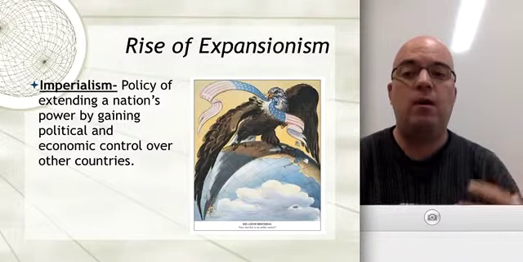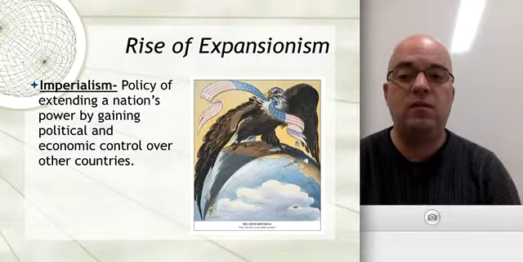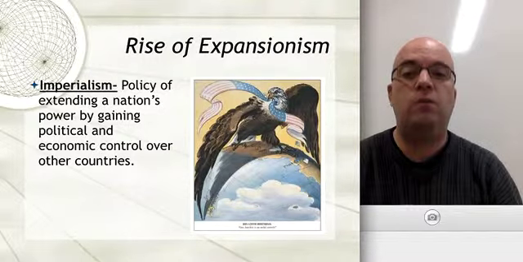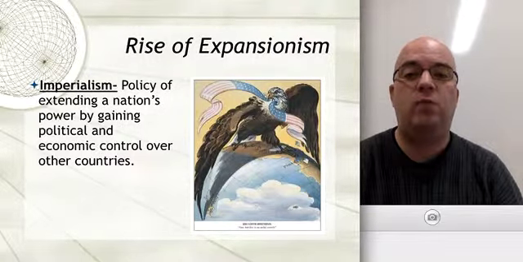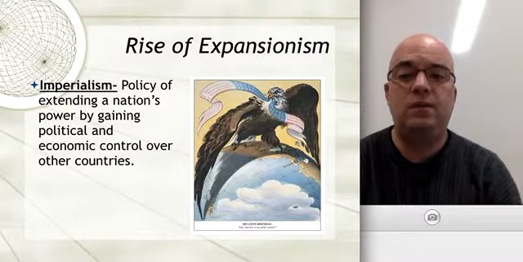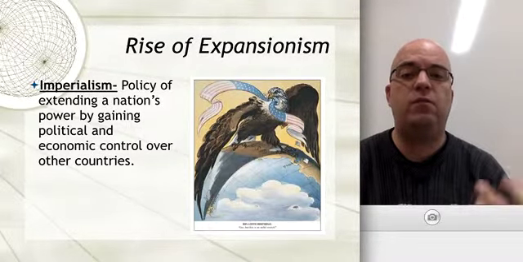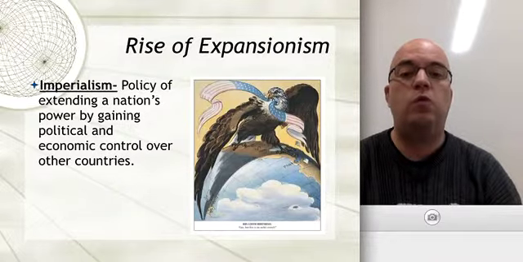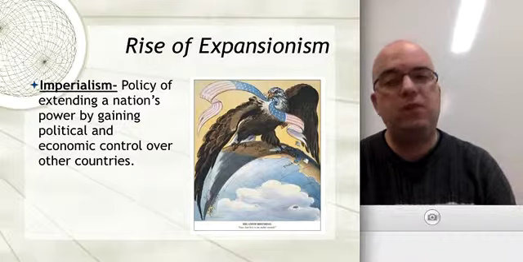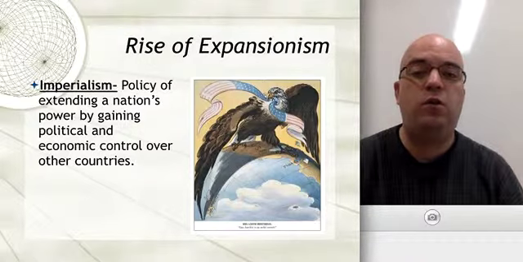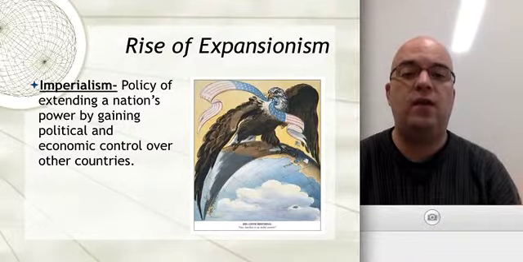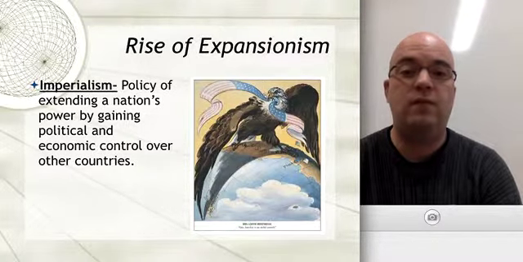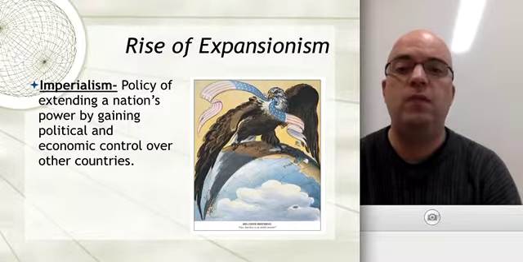We would have direct control over their economics, their way of doing business and the kinds of industries they have, but also political control over them as well. The expansionists were very much into expanding America's power and strength in a more global sense, specifically focusing on our immediate neighborhood, which would be Central America, South America, and the Caribbean islands.